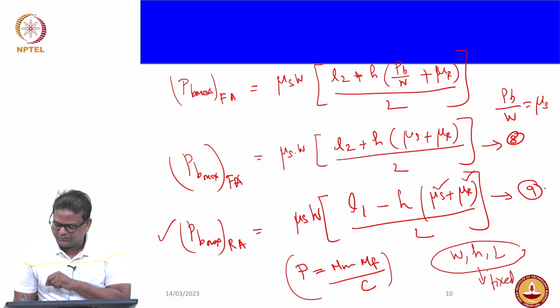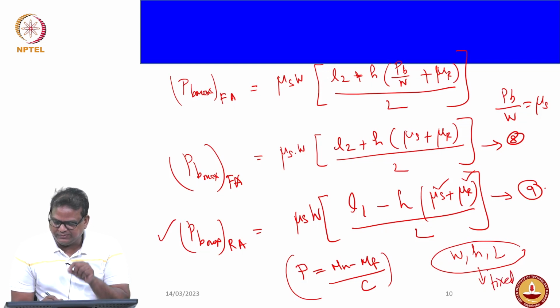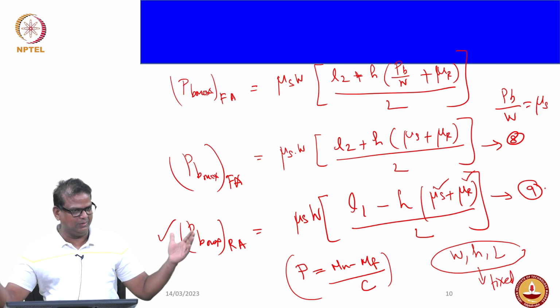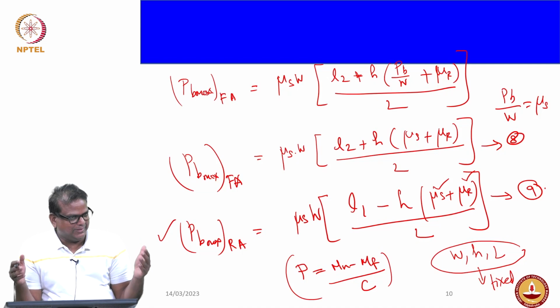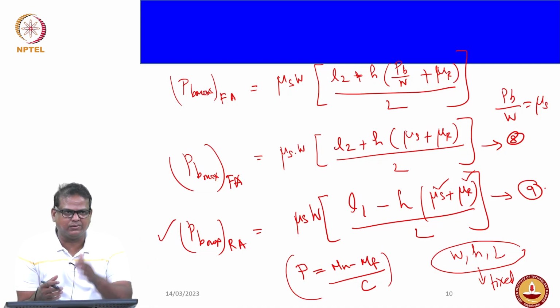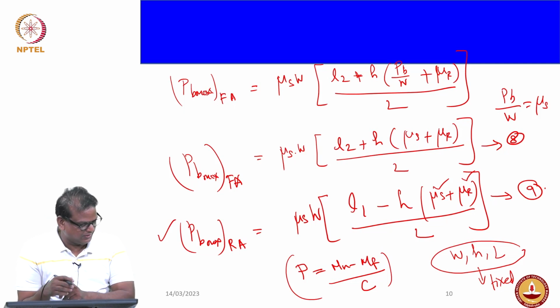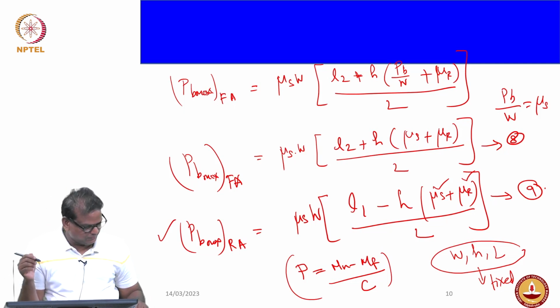So when you talk about designing, you have to take care of your weight, the height and the wheel base, but again the performance will change based on your road adhesion factor mu s as well as your rolling resistance mu r. Can you see that?